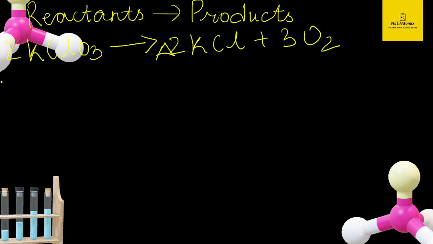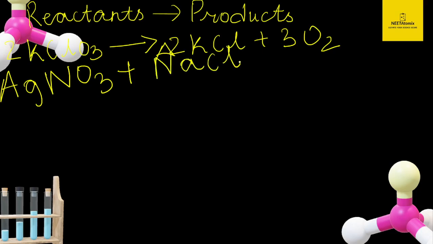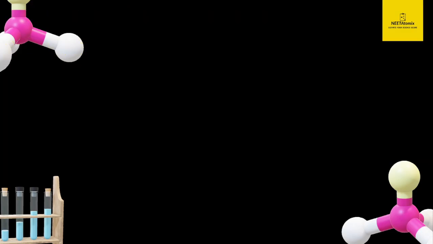So when you react silver nitrate with sodium chloride, you get AgCl as the white precipitate, and the next one is NaNO3, which is aqueous.